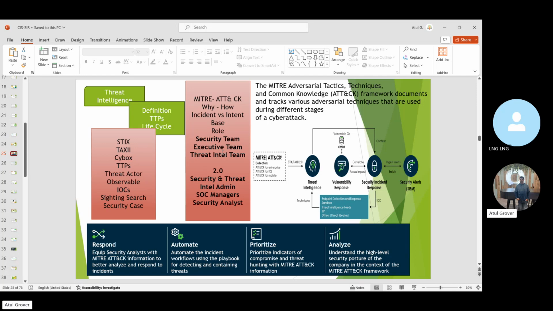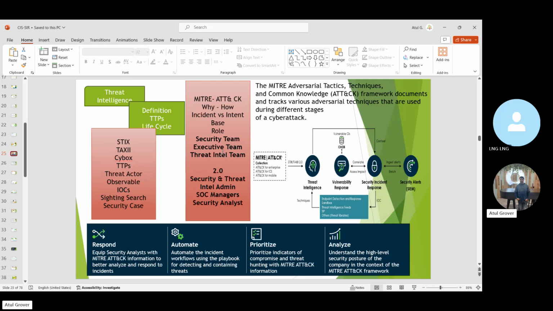Then the executive team is the middle layer. They understand at a high level how this is going to impact, and in which context this is going to impact my company. They are evaluating, analyzing and understanding that part.